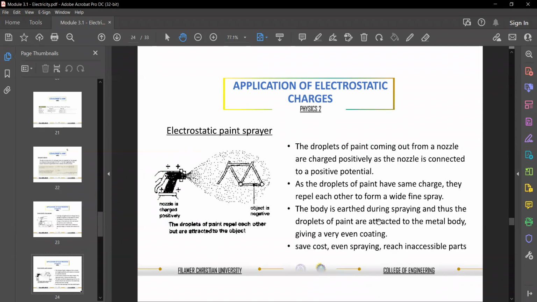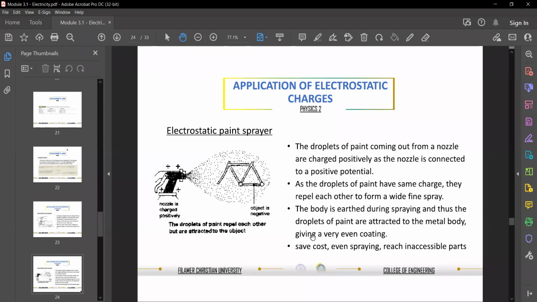This next example is the electrostatic paint sprayer. The droplets of paint coming out from the nozzle are charged positively as the nozzle is connected to a positive potential. As the droplets of paint have the same charge, they repel each other to form a wide fine spray.